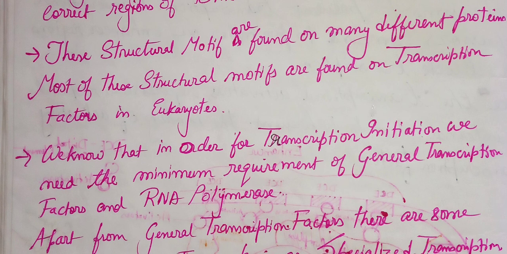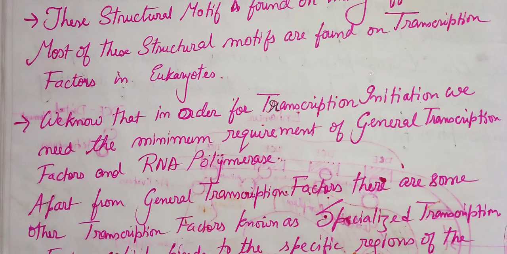For the transcription process to initiate, we need RNA polymerase, but RNA polymerase itself is not able to bind. For this we require some transcription factors, and these transcription factors have this type of motif so that they can interact with the DNA at a specific site. You know where that specific site is, in the promoter, and carry out the initiation process.